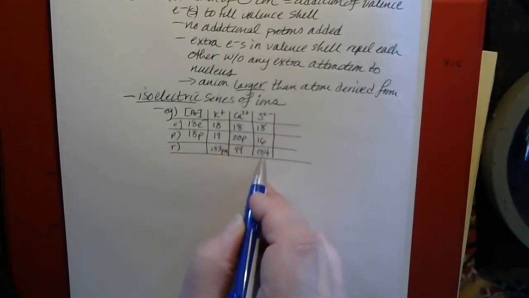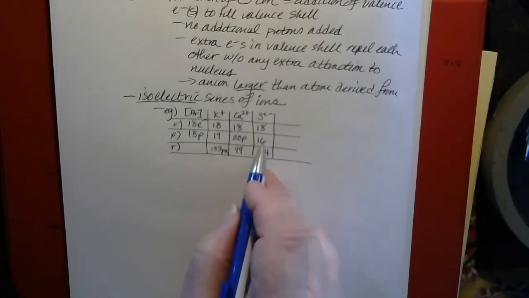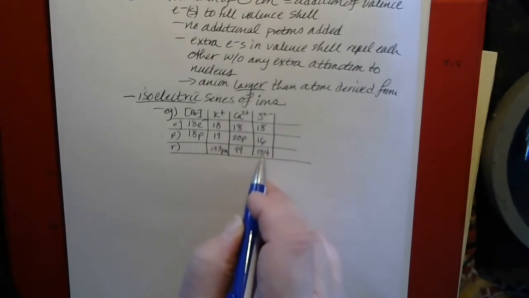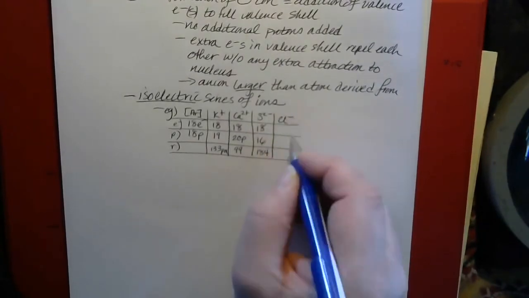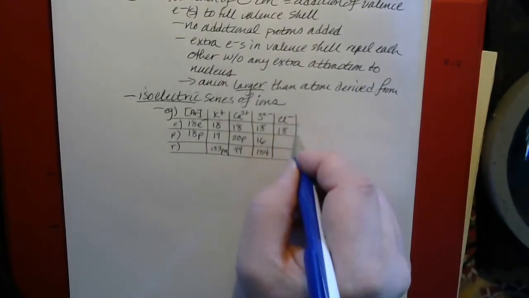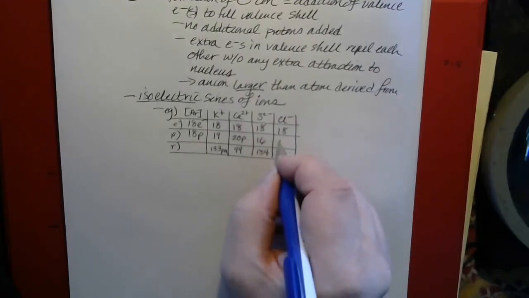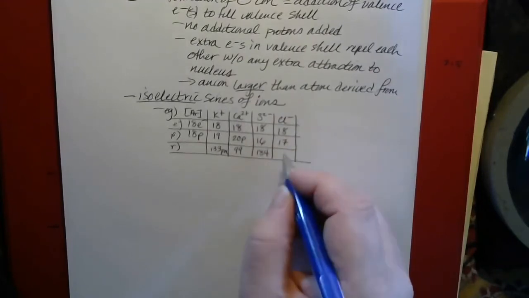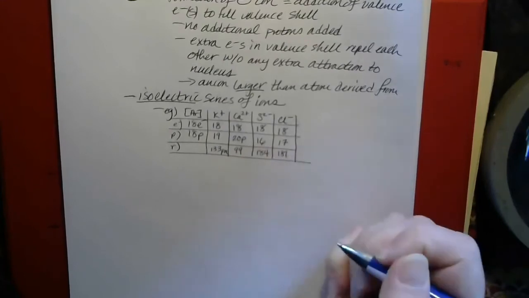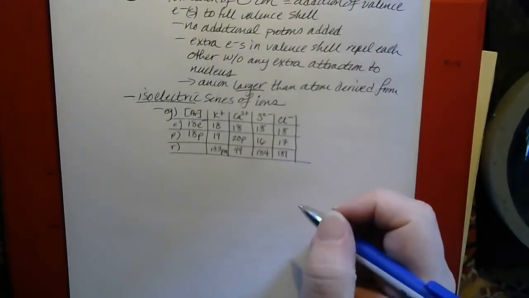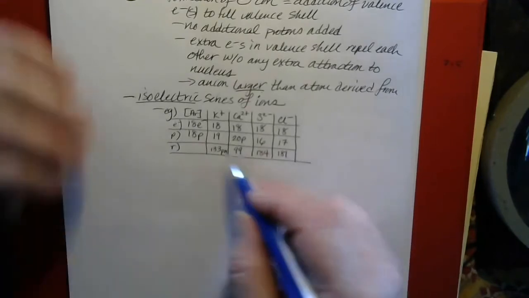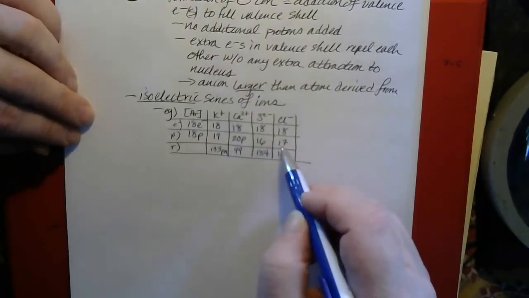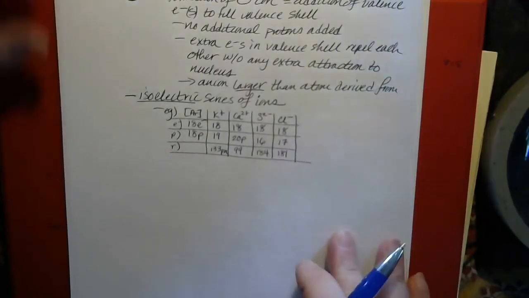And 16, because that's the lowest number of protons, has the biggest radius so far. There's also one more, Cl-. That has 18 electrons and 17 protons and a radius of 181 picometers. So you can see how the radius changes as the number of protons changes, even though the number of electrons is not changing.